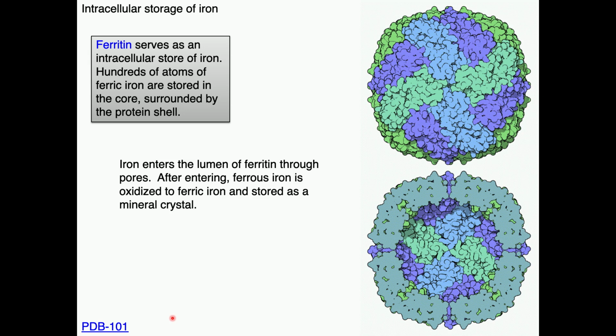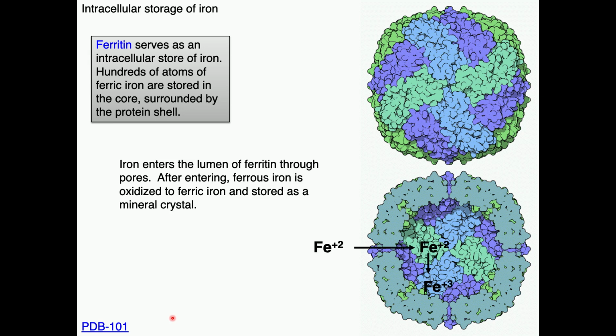So ferrous iron can enter into those pores into ferritin. It's then converted into the ferric iron, and then it's stored as a mineral. So it's stored as an actual, I guess, like the same iron that they would dig out of the mines up in the Iron Range.